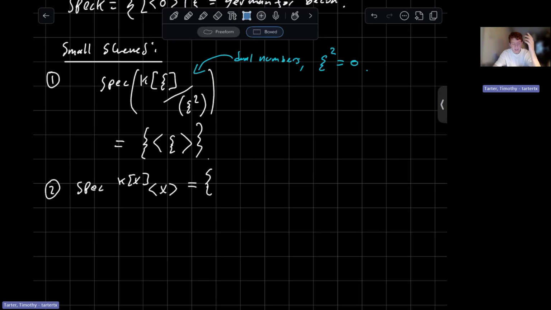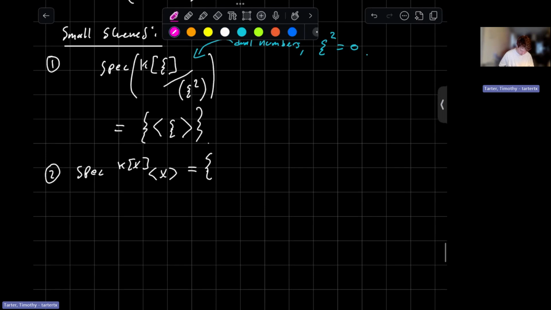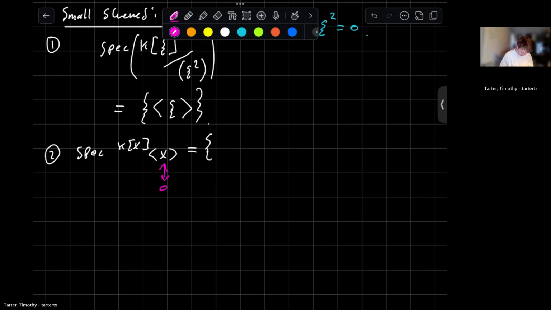So I guess x represents 0. And so we're localizing things at the origin. So like k[x] over x times a constant.